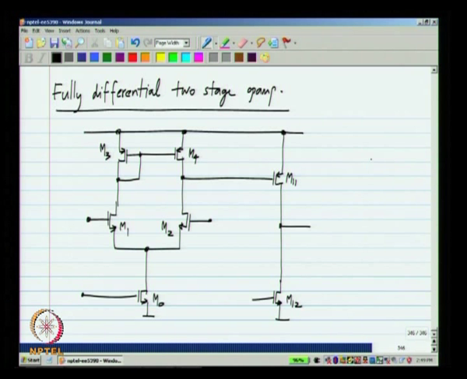Now, when we make it fully differential, the output also must be differential. So, first of all, the first stage will not be a differential to single ended converting stage like this, it will also be fully differential, that is the inputs and outputs are fully differential. Okay. And to make the second stage differential, we need to add a counterpart to M11, let me call it M13, and this is M14.